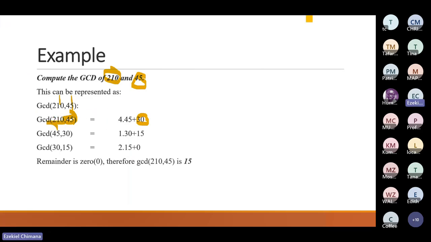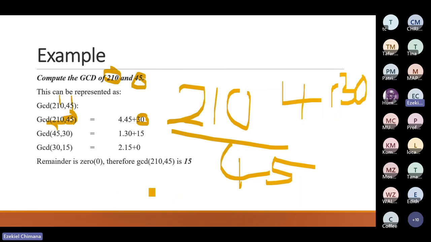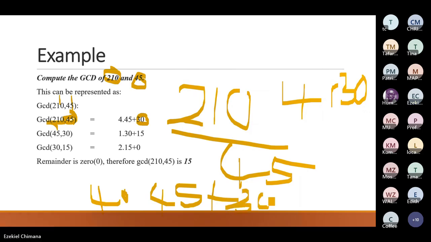You do not need to get confused with this one. What we are saying is 210 divided by 45, and you are getting a 4, remainder 30. So we just write 4 times 45 plus 30, and this whole thing is equal to 210.